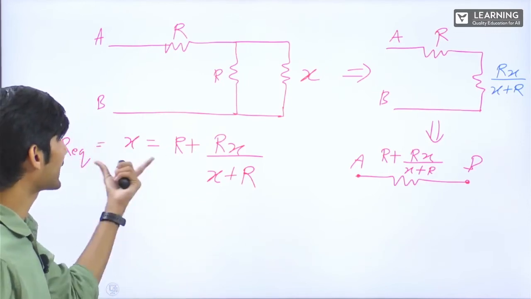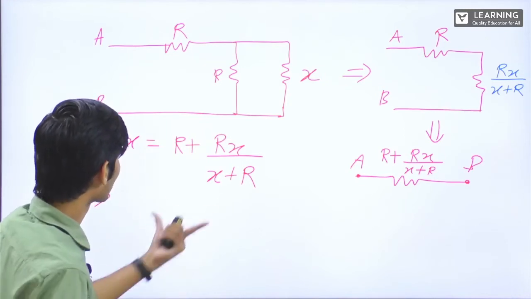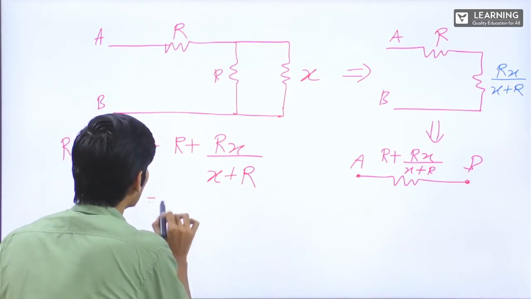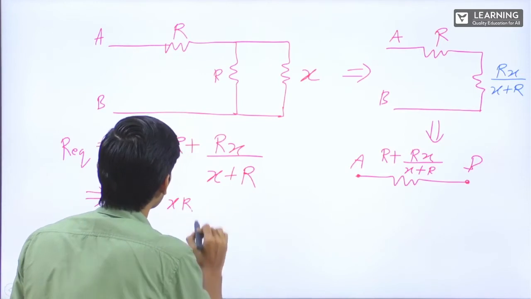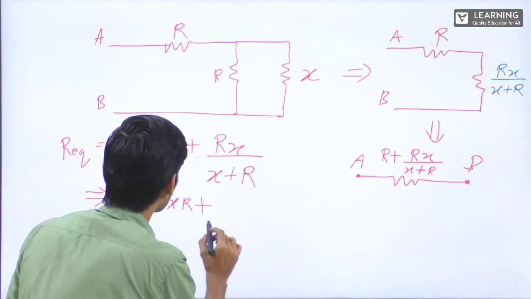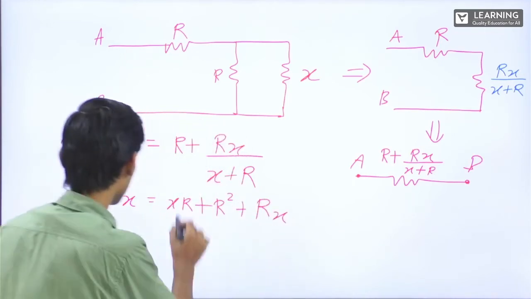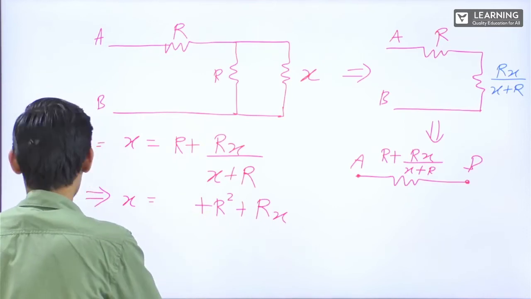Now see this equation, x is equal to this. If I solve it, this will be x is equal to xR plus R square plus Rx. Let me write this also as Rx.